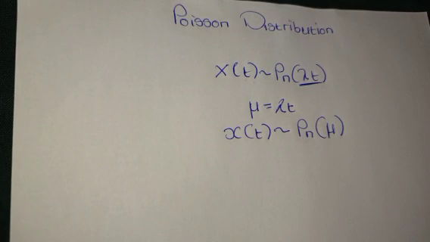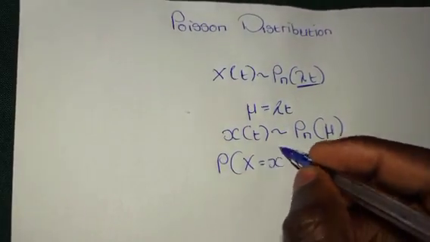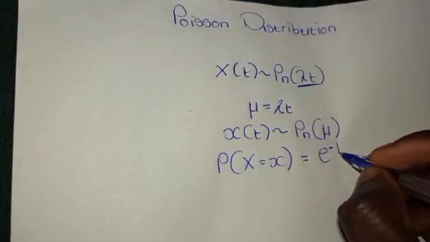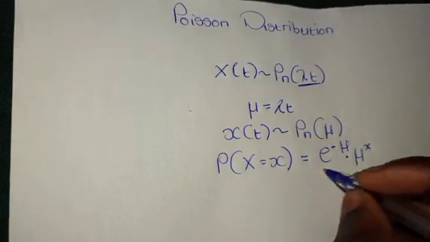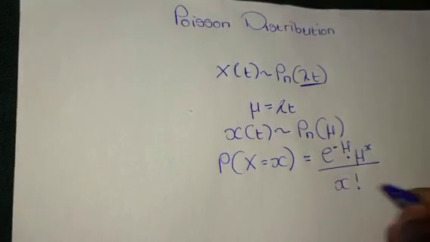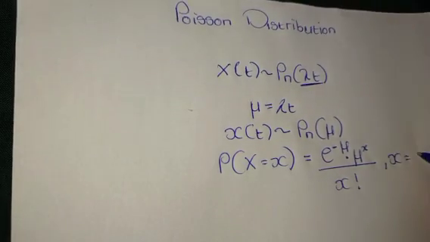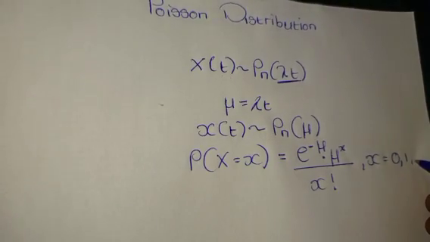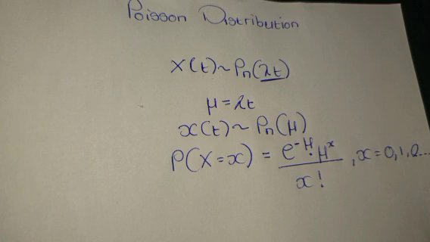Then when we are dealing with the Poisson distribution formula, the probability of X equal to x is equal to the exponent of negative mu multiplied by mu to the power x over x factorial, where x can be any number starting from 0, 1, 2, and all the way to whatsoever we can go.